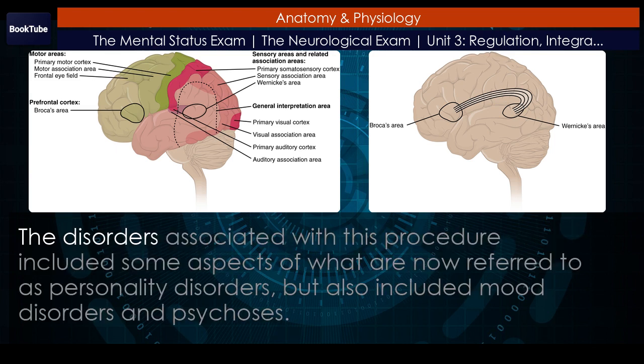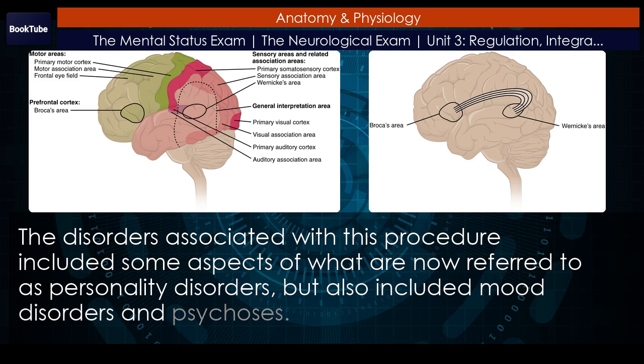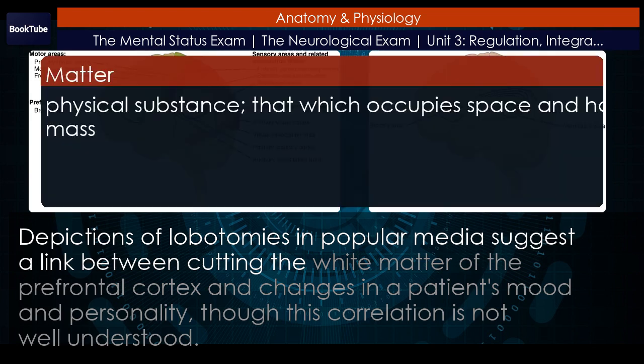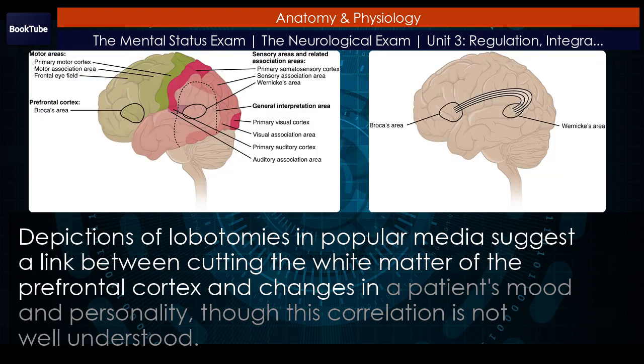The disorders associated with this procedure included some aspects of what are now referred to as personality disorders, but also included mood disorders and psychoses. Depictions of lobotomies in popular media suggest a link between cutting the white matter of the prefrontal cortex and changes in a patient's mood and personality, though this correlation is not well understood.